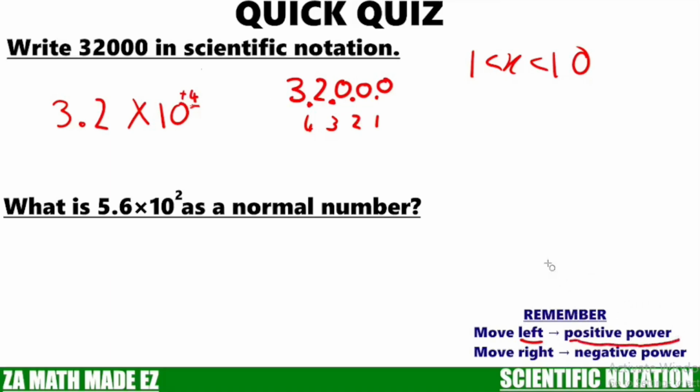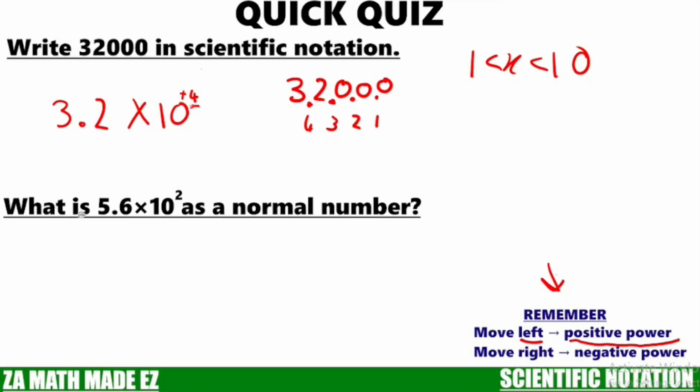Remember this, move left, positive power. Just remember this concept, and everything will be much easier when it comes to scientific notation. Move left equals positive number, move right equals negative number.